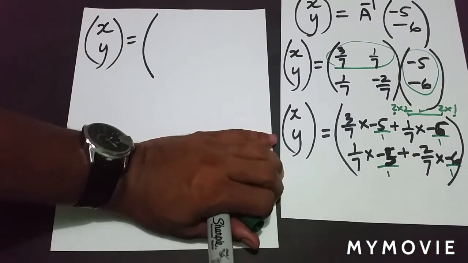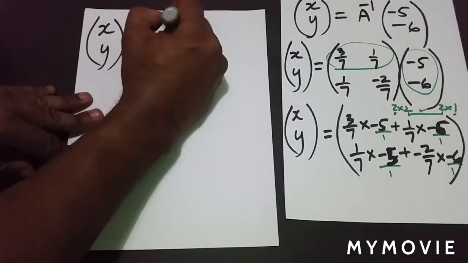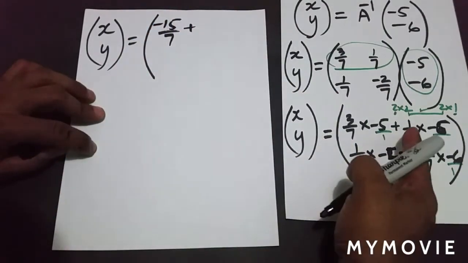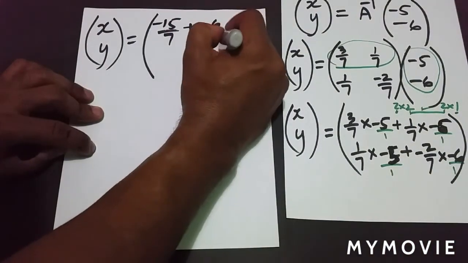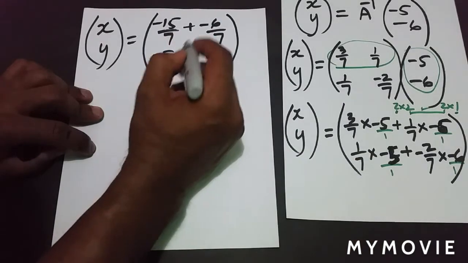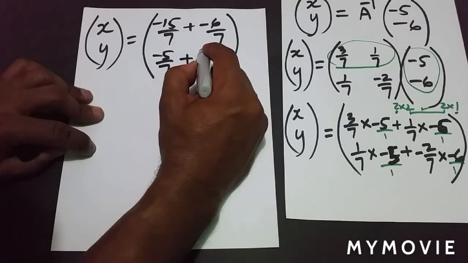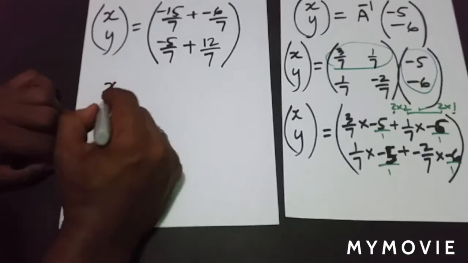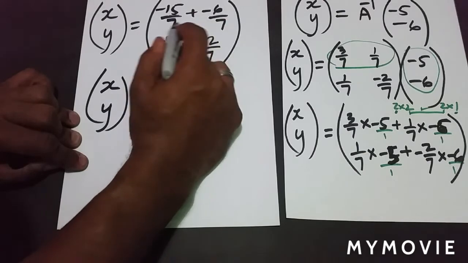So we're multiplying fraction by fraction. So what we have here is -15/7 plus this here is going to give you -6/7. Good. Down here, -5/7 plus positive, what that looks like, +12/7.